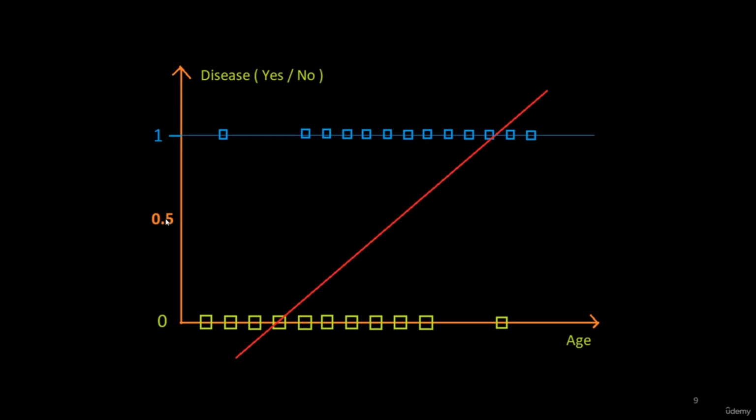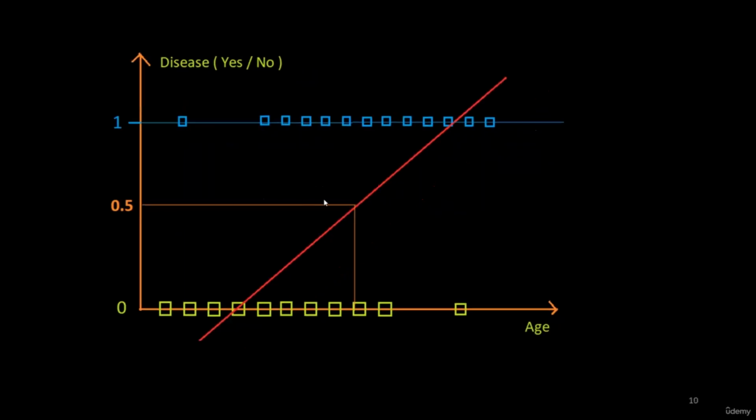Any point whose probability is greater than or equal to 0.5, we will say belongs to class 1, that is, it has the disease. If any sample has probability less than 0.5, it will belong to class 0. So see how this regression model is trying to perform the classification, and where the problem is.